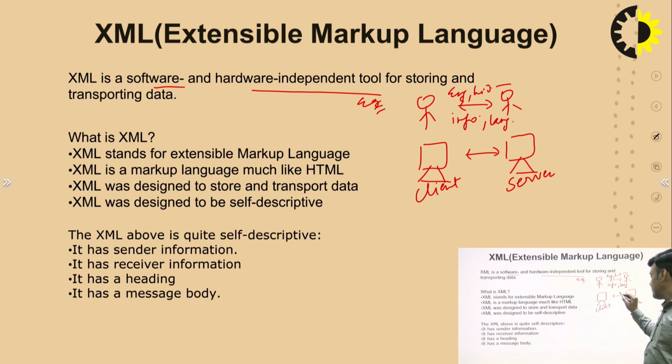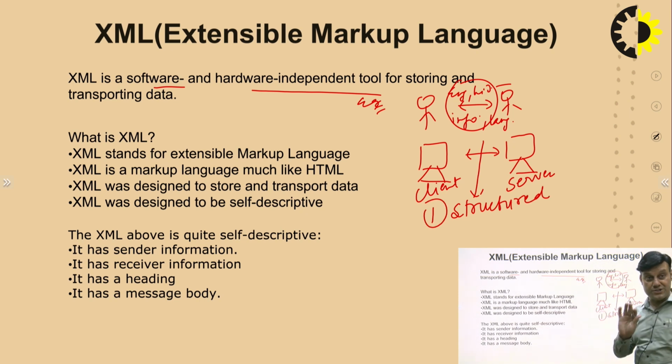So for the communication between these two systems, what do we need to do? The language which they are using, we need to convert that language into some structured way. Number one, that language should be in proper structure, right? It should follow some format, it should be more formatted.